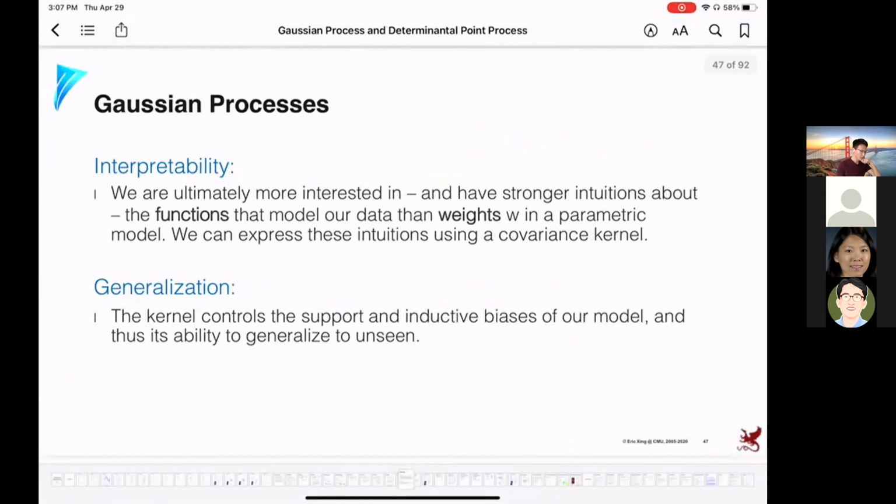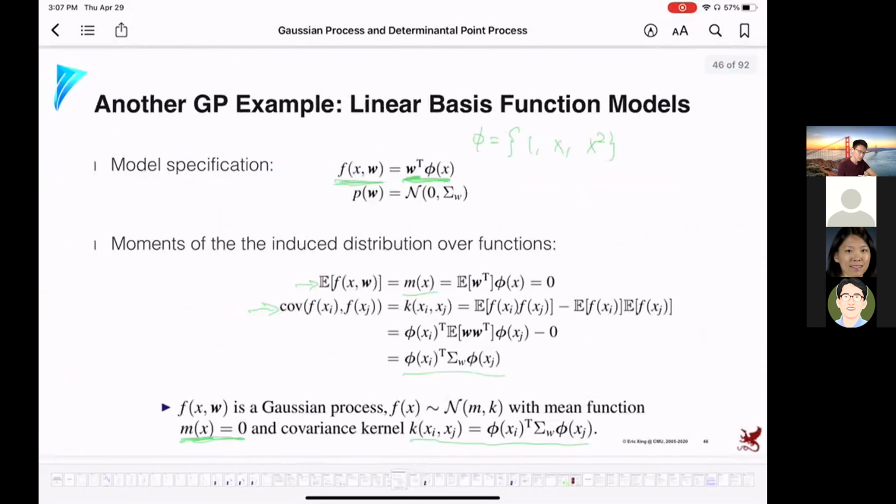So some good things about the Gaussian process is that we used to be interested in the parameters in a parametric model. Say we define some parameters and then we want to estimate them. In the Gaussian process case, when we try to model our function as a linear combination of basis functions, are there any other ways to create a Gaussian process model instead of assuming that the weights are Gaussian distributed?